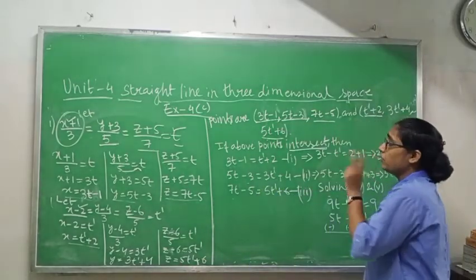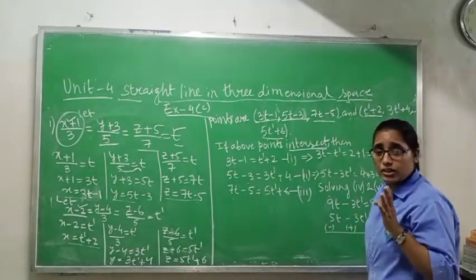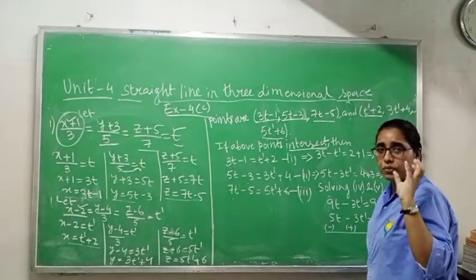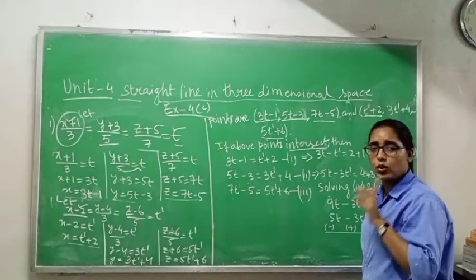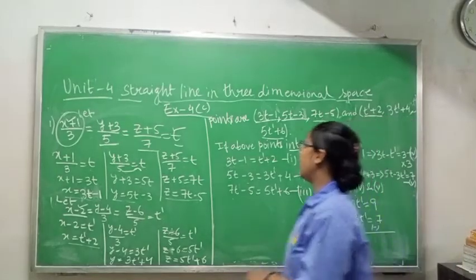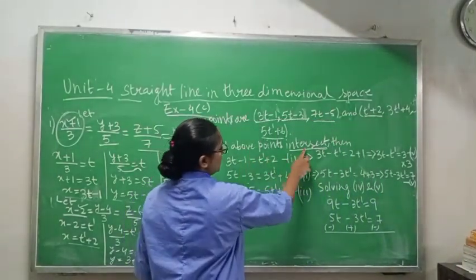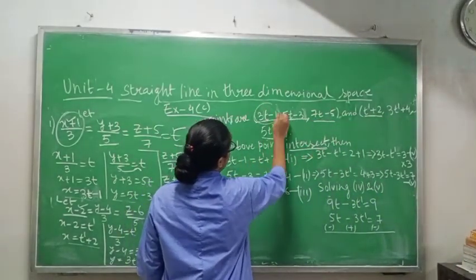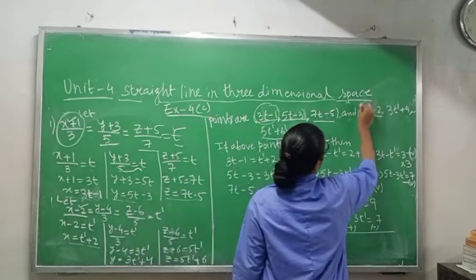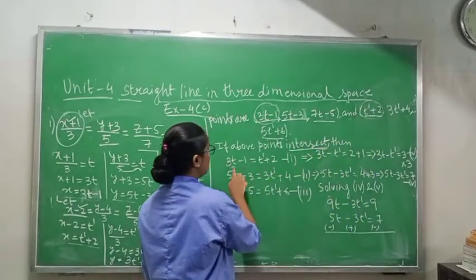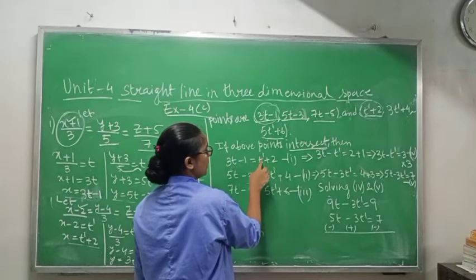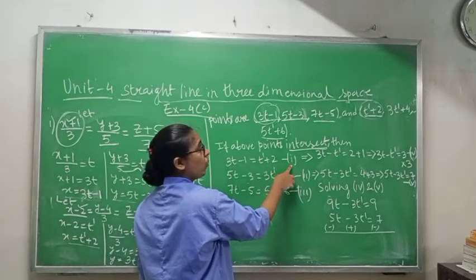Now if these two points intersect each other, it means the x value of the first point equals the x value of the other point. So if the lines intersect, then 3t minus 1 equals t dash plus 2. See, 3t minus 1 equals t dash plus 2, equation 1.